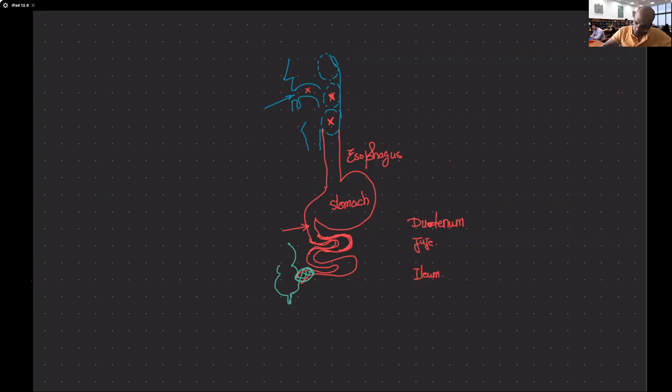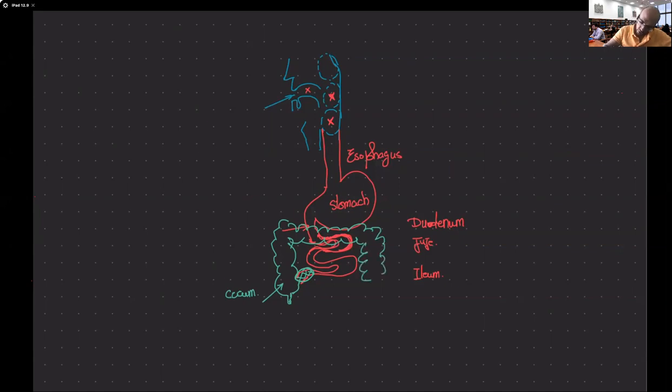The large intestine starts with a pouch-like structure that will be receiving the undigested, unabsorbed part of the food. This is called the cecum, and will be conducting the undigested part of the food into the colon.